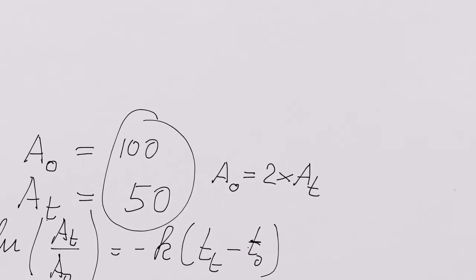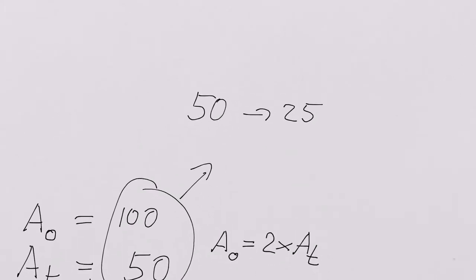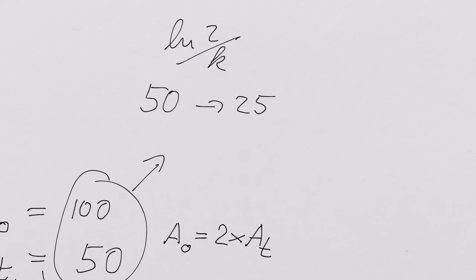Now here is a question for the specialists. How long does it take to go from 50 to 25? The same. This is again ln 2 over k. Yeah? Because it's the same thing. It's the same half. Okay, how long does it take from 25 to 12.5?